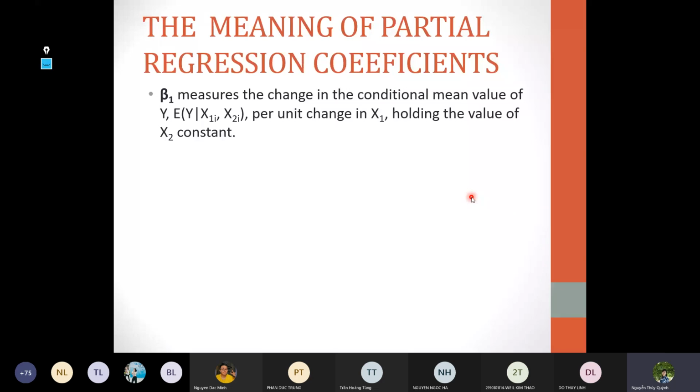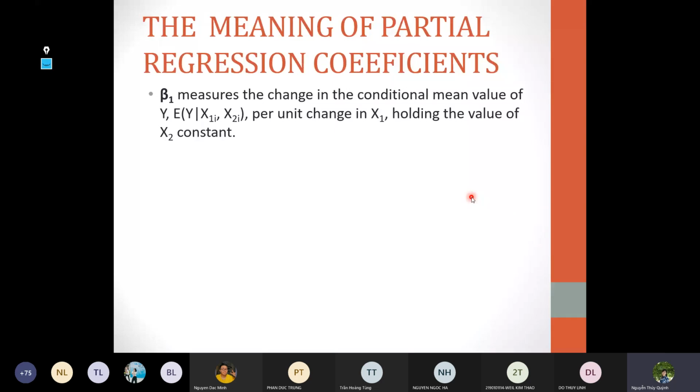For example, beta 1 measures the change in the conditional mean value of y per unit change in x1, holding the value of x2 constant. Because we are holding x2 constant, beta 1 is just the effect of x1 on the dependent variable.